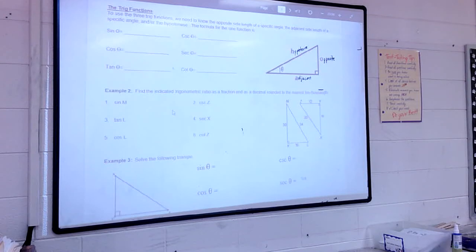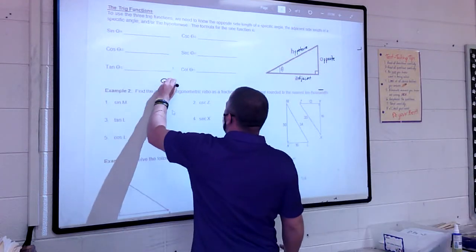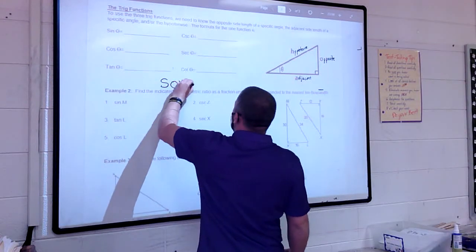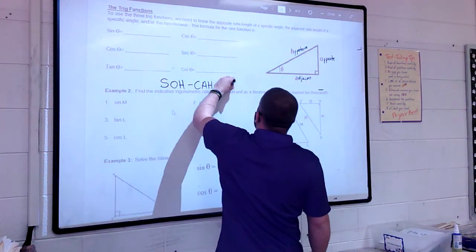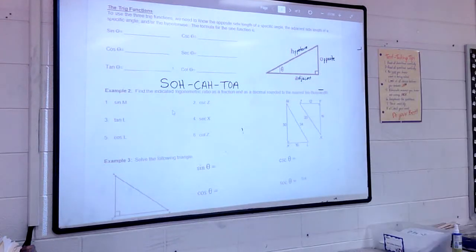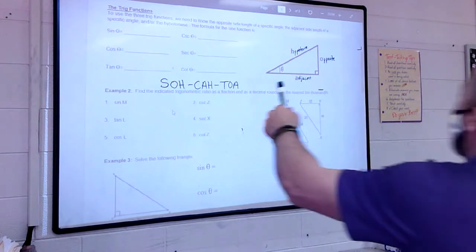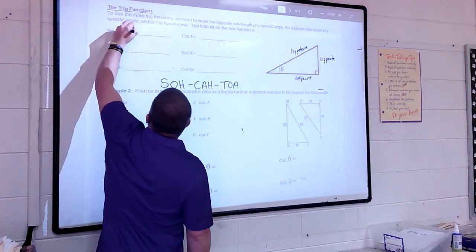The way that we like to help you memorize this, and you do have to memorize this, is SOHCAHTOA. You just got to say that over and over. SOH: sine is opposite over hypotenuse.